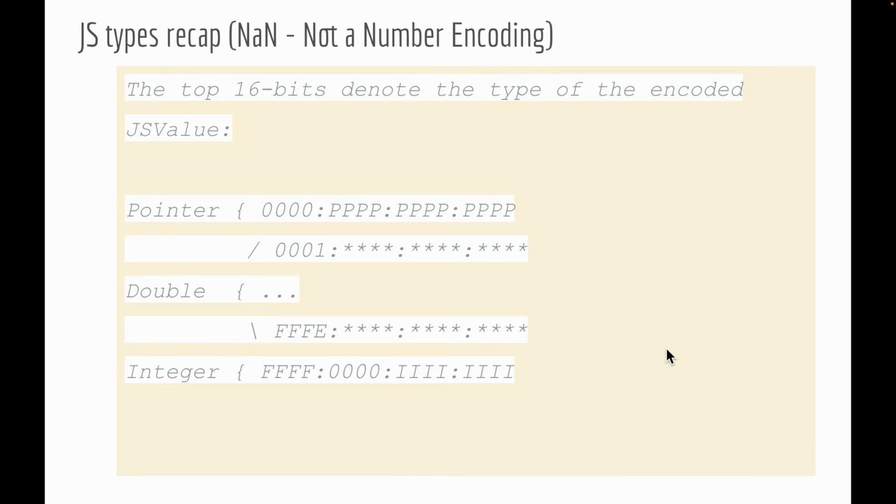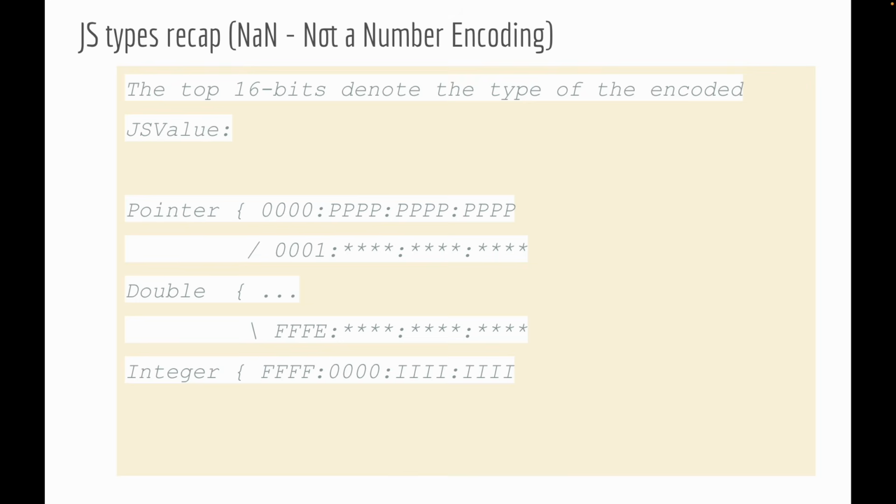Let's move on and do a small recap on how data is represented within the JavaScript engine, so how pointers or non-values, like not a number, are represented. You may have a prepending 0, 0, 0 and then the value of the pointer.